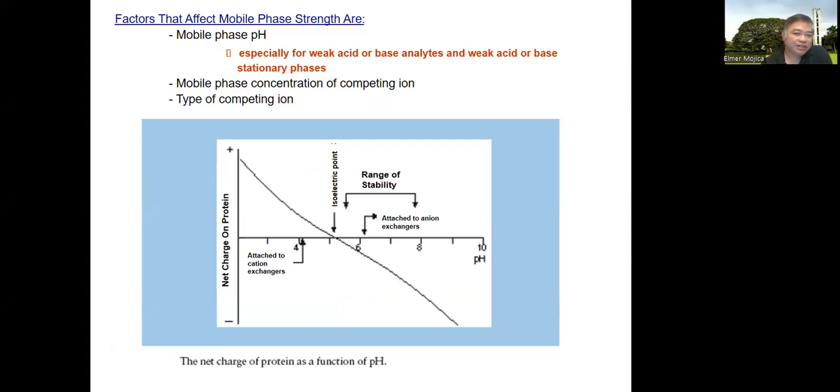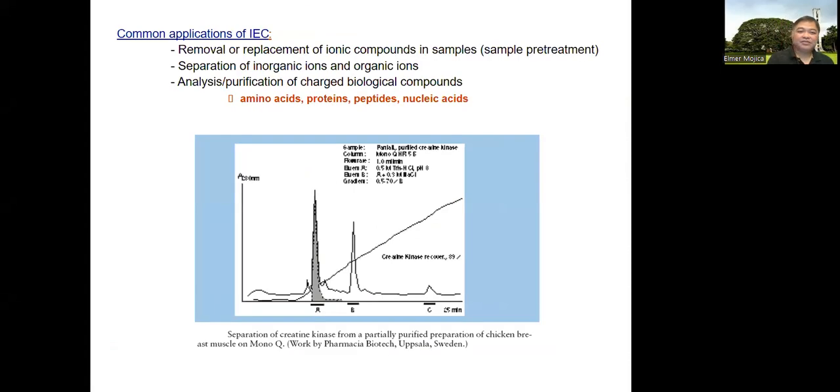So factors that may affect the mobile phase strength: the mobile phase pH, the concentration of the competing ion, and the type of the competing ion. When you say type, the positive one, positive two, it will have an effect on the separation.